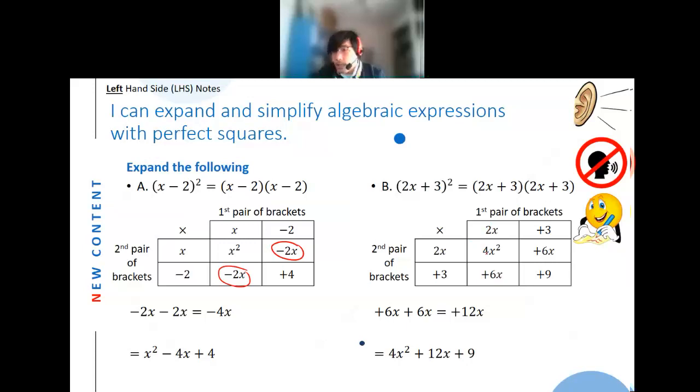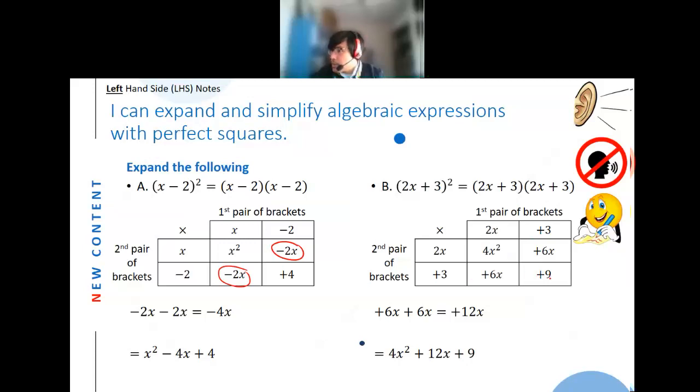So 2 times 2 gives you 4, and x times x is x squared. Next we have 2x times plus 3, so a positive and a positive is a positive. 2 times 3 is 6, so we have plus 6x. Then we have plus 3 times 2x, and we get another plus 6x. And then plus 3 times plus 3 is plus 9.